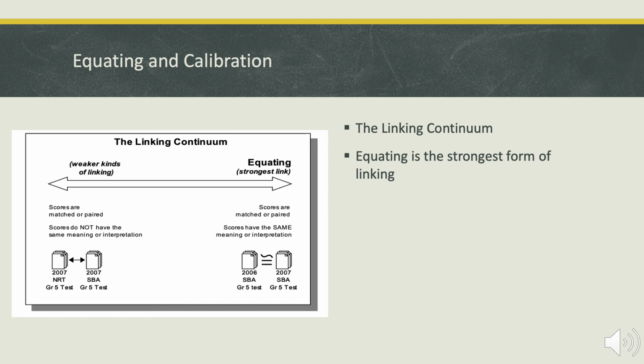If we are successful in equating, it will result in scores that can be compared with validity, even though they are different test forms. A principle of equating is that it should be equitable, and equating happens during the creation of the test.